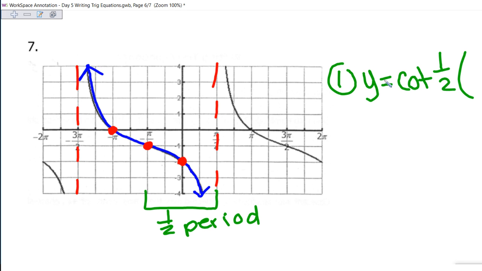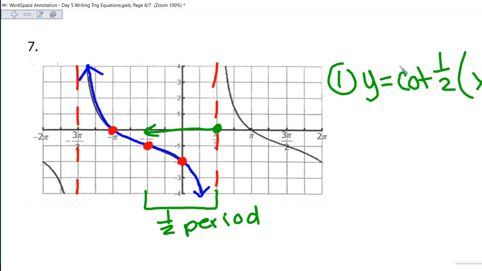Now x minus c, I need to figure out the horizontal translation or the phase shift. If I'm talking about cotangent, this point in the center is normally at pi over 2. So that point translated which direction? Left pi units. So how would I show it moved left pi units?